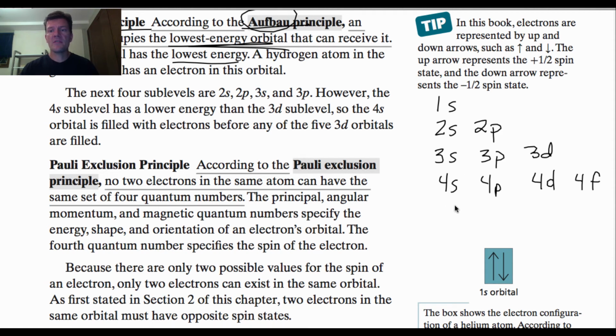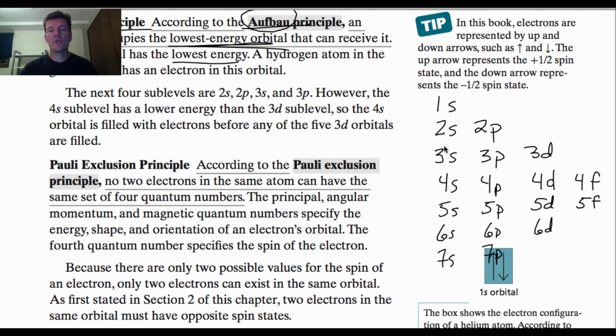So we have now 4f, now we go to 5s, 5p, 5d, 5f, and we would have another one like a 5g or something, but we won't need it because there are not enough elements to go into that level. 6s, 6p, 6d, and we don't need a 6f because we don't have enough elements for that. 7s and 7p. Again, we don't need these because we don't fill them up.